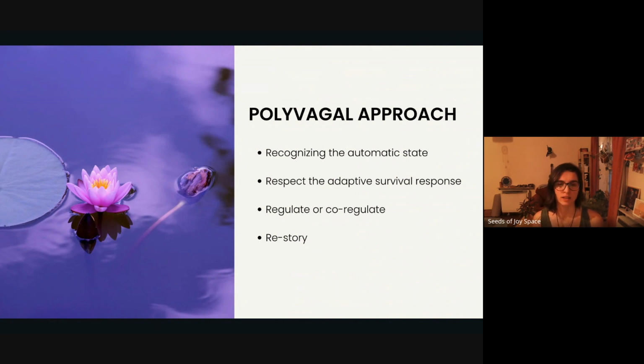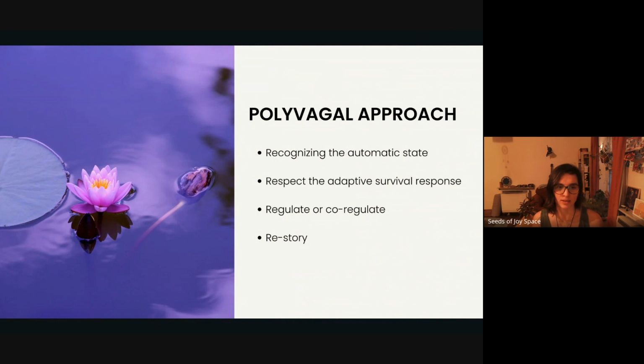The key is to respect the adaptive survival response, because all of these responses are there to protect us and help us survive. The first step after recognizing the nervous state is to respect it and not try to get rid of it, because it's there to help us. Even if it doesn't seem like it's helping us, that's its function, that's what it's trying to do.